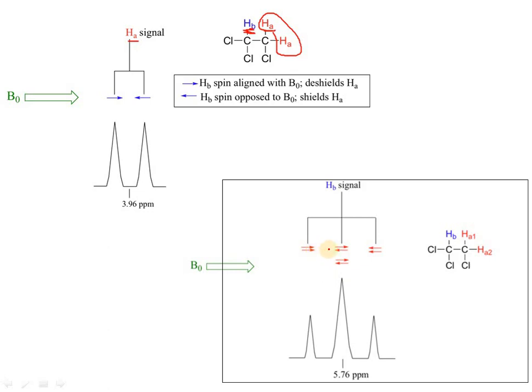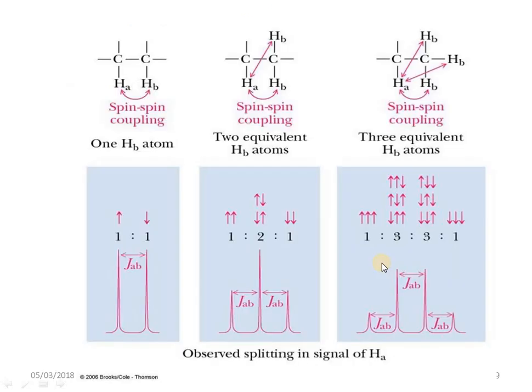So there is 1 possibility, 2 possibilities, 1 possibility, giving a 1:2:1 ratio. The 2 extreme signals will have less height, and the middle, with 2 possibilities, will have more height. So here there are 2 peaks of the same height, 1:1 ratio, and here 3 peaks in a 1:2:1 ratio, which depends upon the orientation of the spin direction. Next, we can see there is one proton, so we have these peaks only due to splitting of the signal of HA.